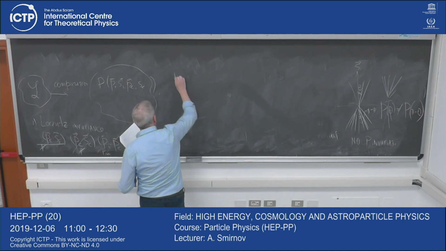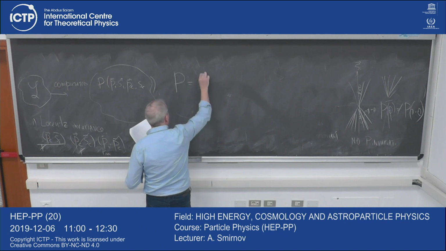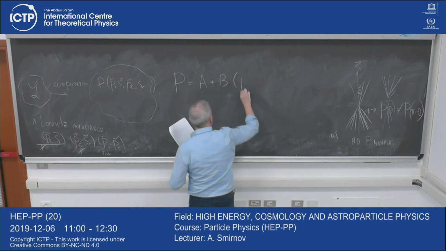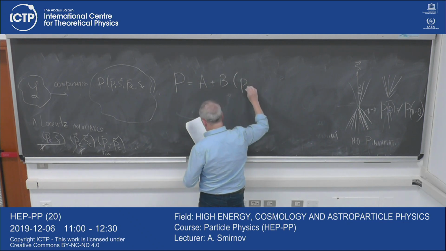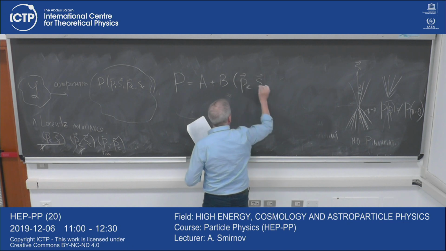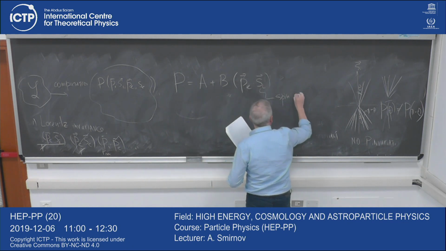And therefore on general grounds you can write that the probability is given by A plus B times P electron and spin of nuclei. So let me put here, spin of nuclei.